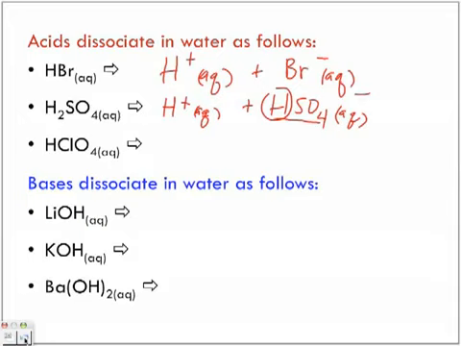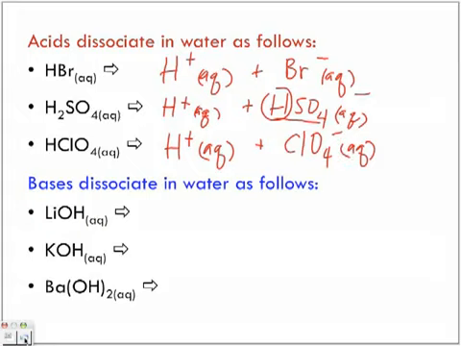Last one here, perchloric acid will dissociate into hydrogen and the perchlorate. Notice how we're removing the hydrogen. The hydrogen dissociates, so all of them contain hydrogen, so all of them are acids.